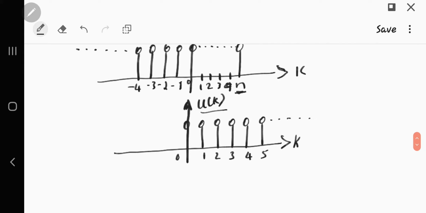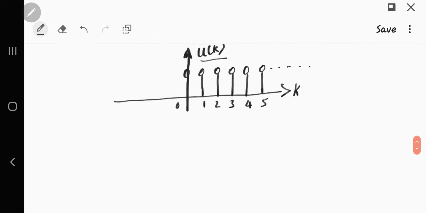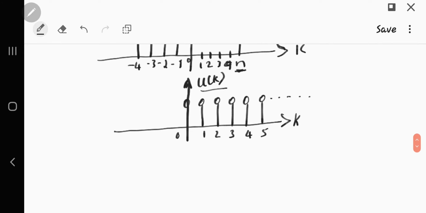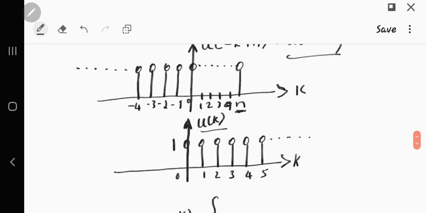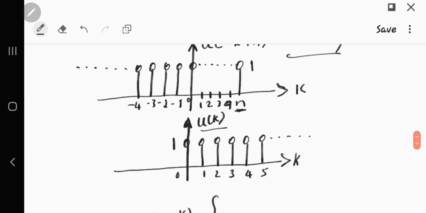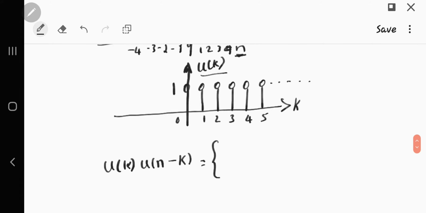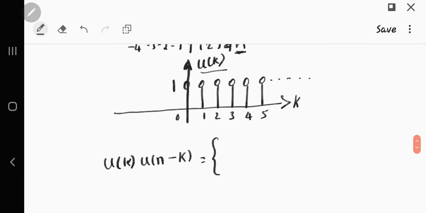Understood? So based on this, I will write the limit like this: u of k, u of n minus k. Both of them have the same amplitude, 1 and 1 here. Since you are multiplying u of k and u of n minus k, 1 into 1 will be 1 only.